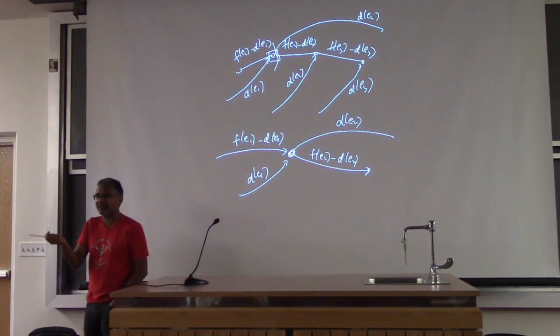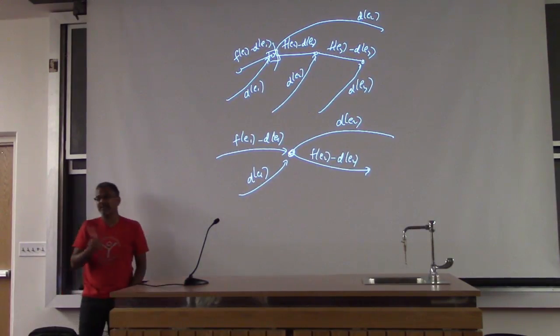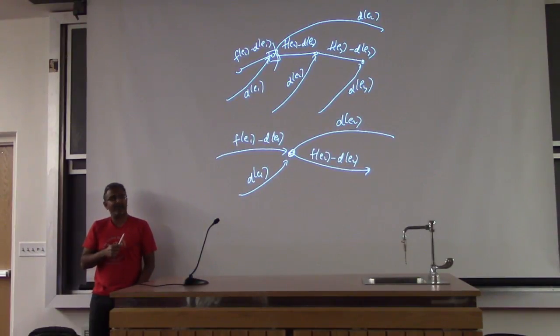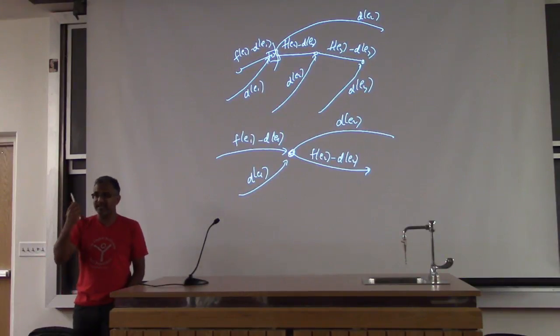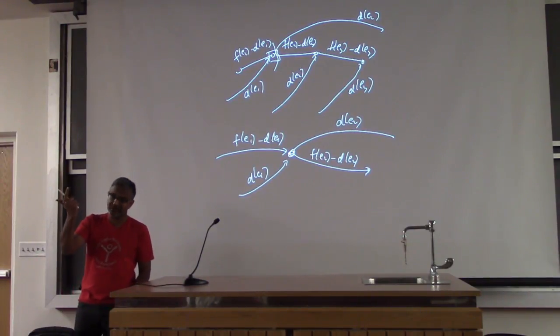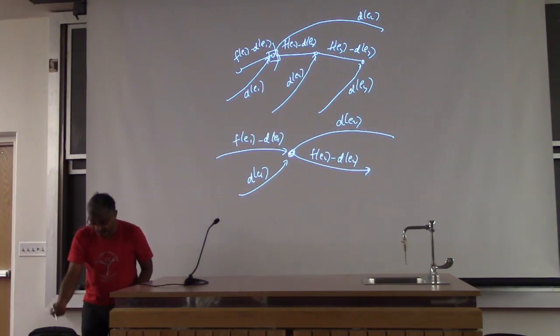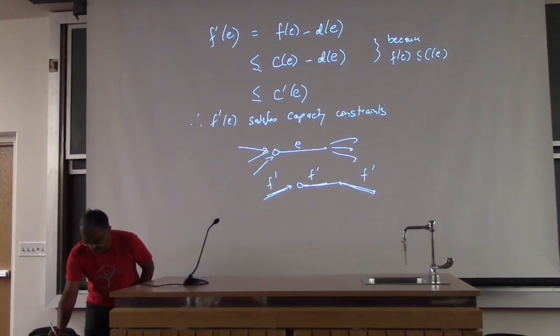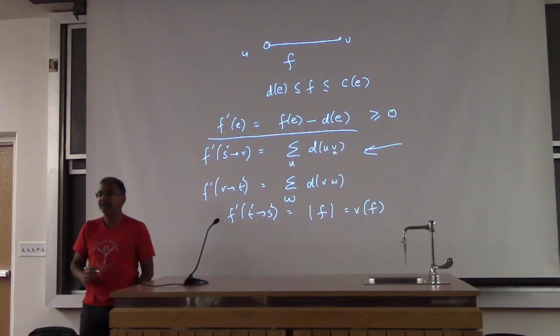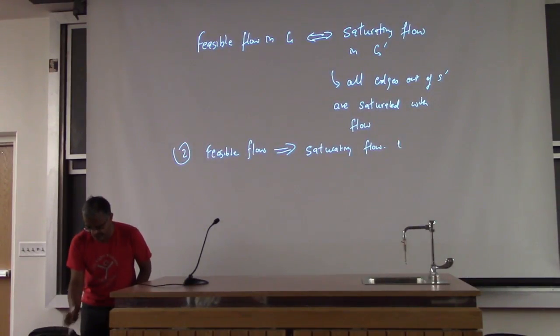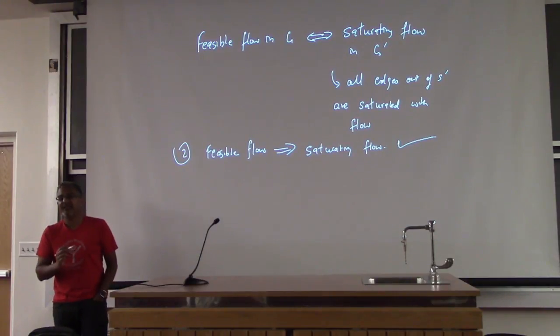And therefore, at every vertex, you now have conservation constraints in your graph. So the flow is feasible because it satisfies capacity constraints and conservation constraints. It is saturating because, well, it saturated. Therefore, we have now proved that the feasible flow gives us a saturated flow.